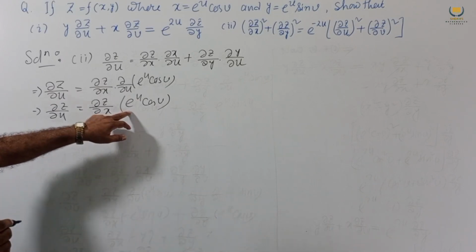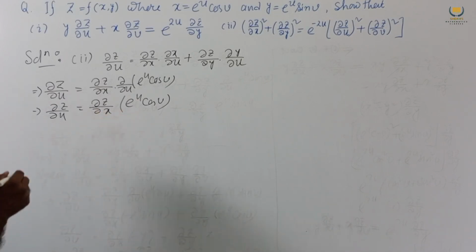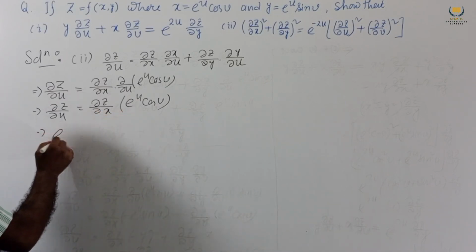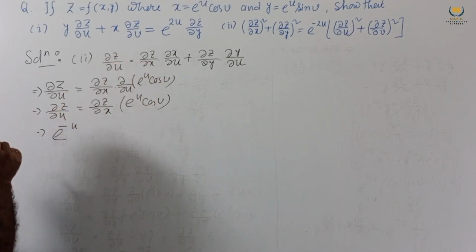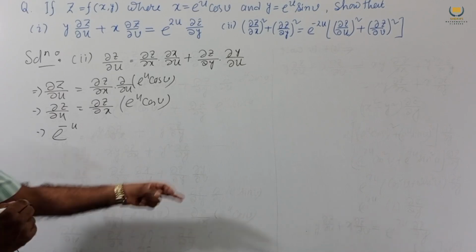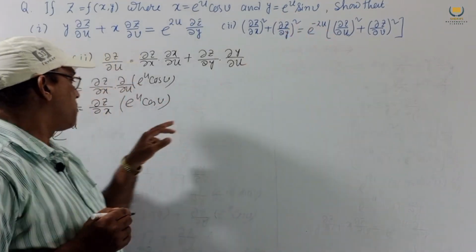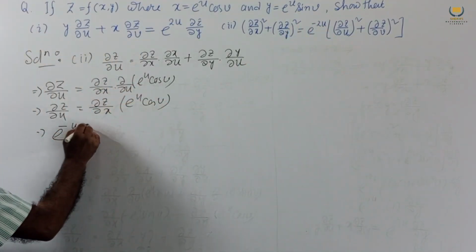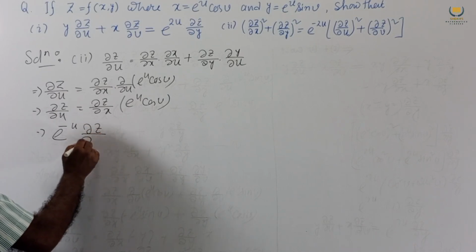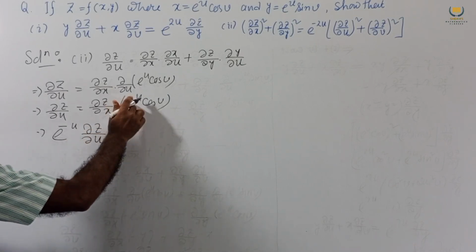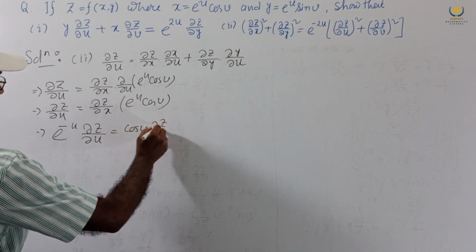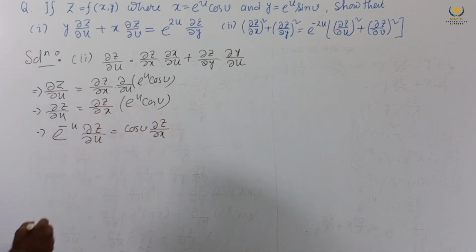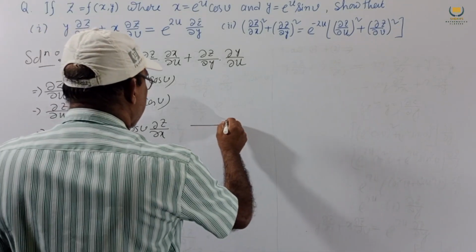We multiply both sides by e to the power minus u, because our answer is given with minus u. Then e to the power minus u cancels and we get e to the power minus u del z del u equal to cos v del z del x. Suppose this is number 3.